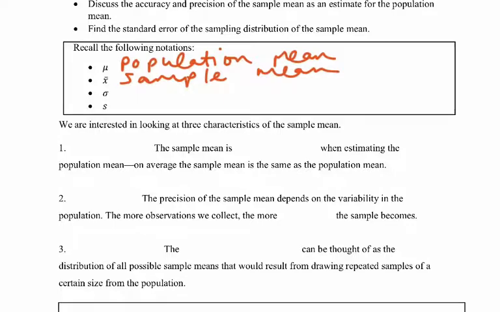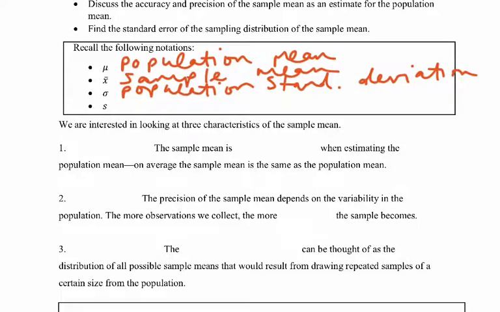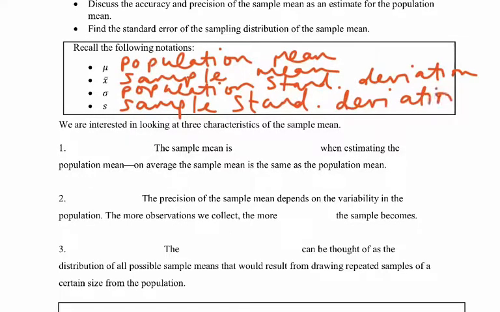That sample mean is given by x bar. Sigma, the lowercase Greek letter sigma, remember, was the population standard deviation, and s was the standard deviation for our sample. So the sample standard deviation is what lowercase s stood for.